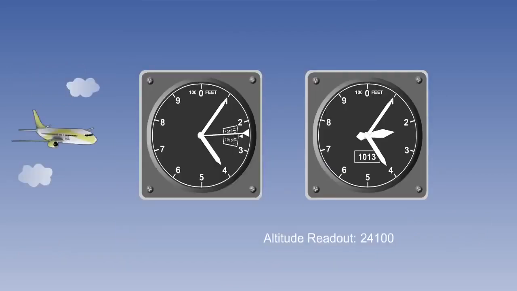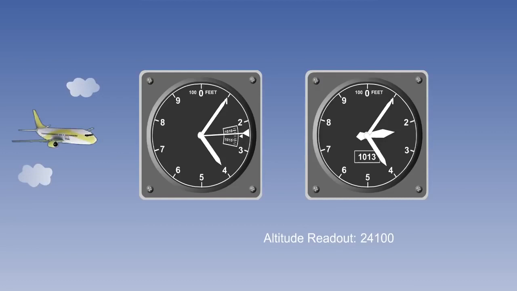Looking at the sensitive altimeters illustrated on the screen, we can see that the more sophisticated mechanism of the sensitive altimeter enables the use of 3 pointers on the instrument dial: 1 pointer for tens of thousands of feet, 1 for thousands, and 1 for hundreds of feet.